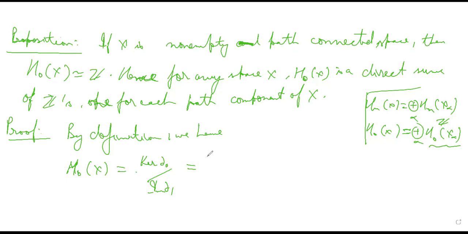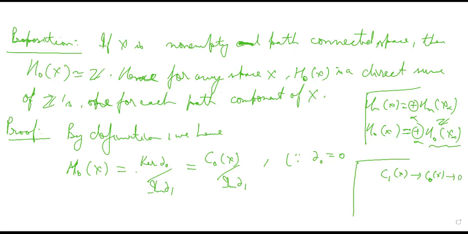This is your C0 x quotiented by image boundary 1, right? Because this is 0. Because our chain complex is something like C1 x, then C0 x, and then we have 0, 0, 0, 0, right? So this will automatically be a 0 map, right?